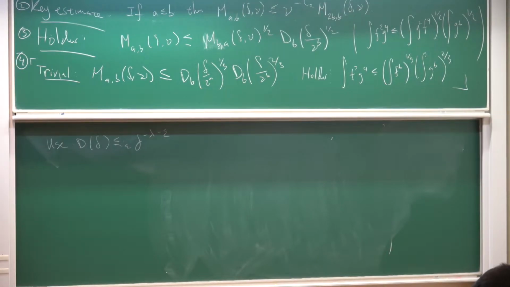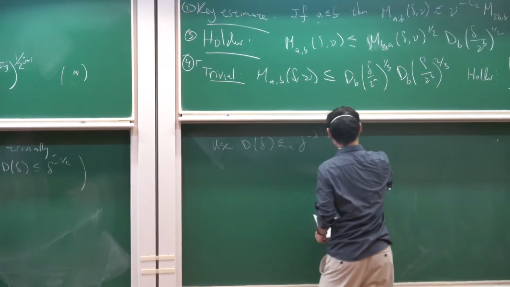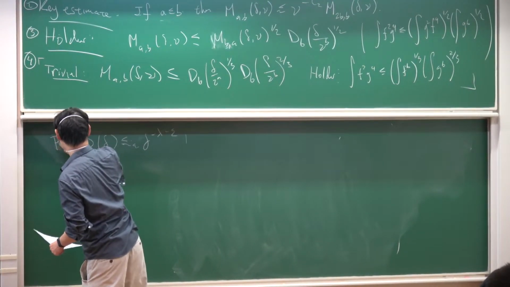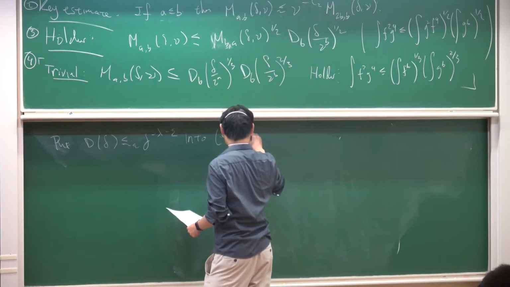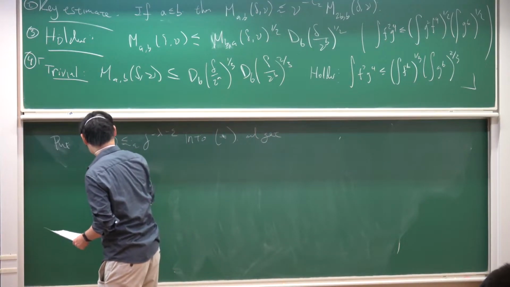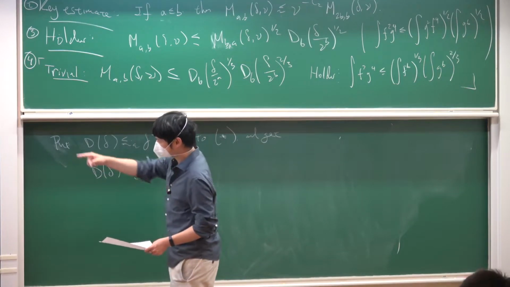Let's call this star. Put it into star, and what do we get? We get d of delta is bounded by, well, you just plug it in.